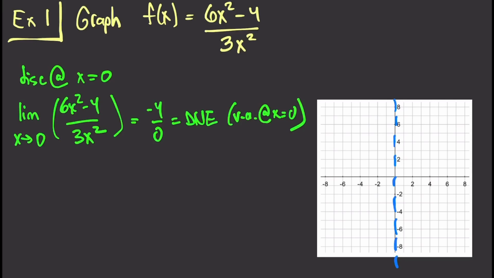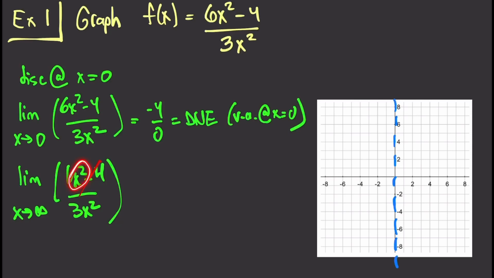So the next thing I do is find the limit as x approaches infinity of my expression. Remember, limits to infinity, basically we look for the variable with the greatest exponent. Well, it's squared in both the numerator and denominator, so my limit as x approaches infinity is going to be the ratio of those coefficients.